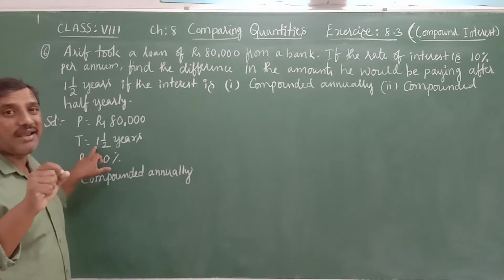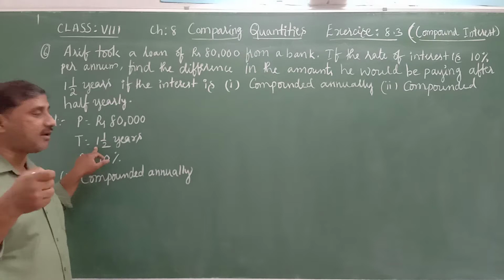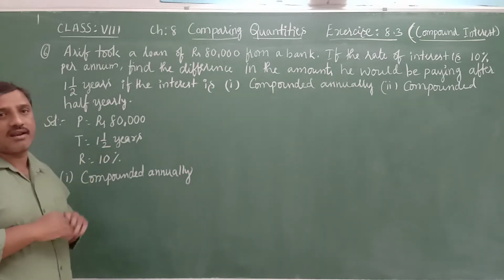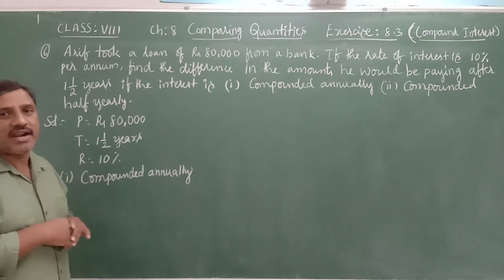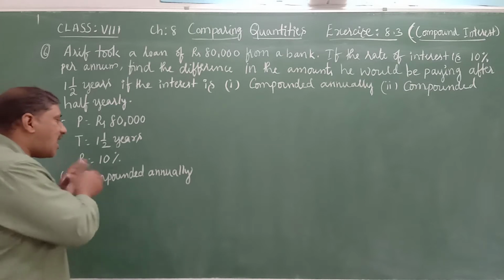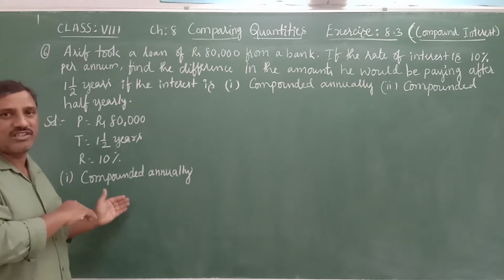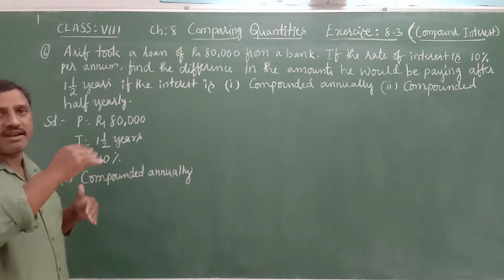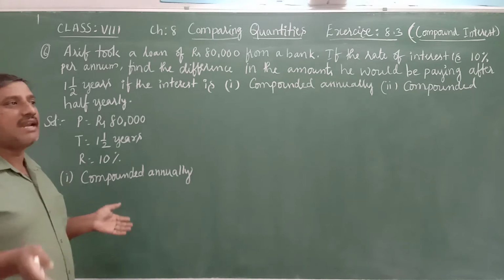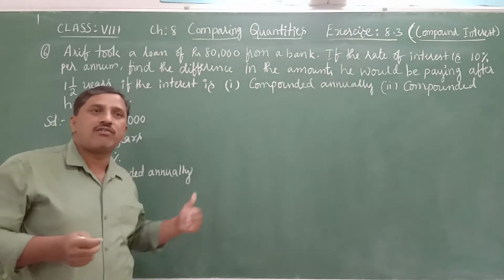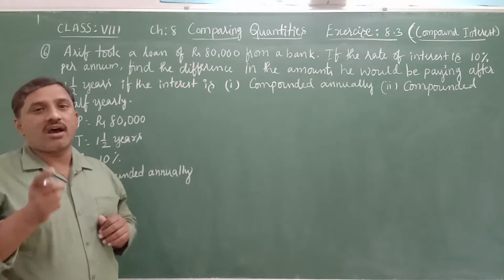That amount will be treated as the principal for the next half year. For the next half year, you find the simple interest, and if you add that to the principal which we have taken to find the simple interest, then we get the total amount he would have to pay after 1.5 years.